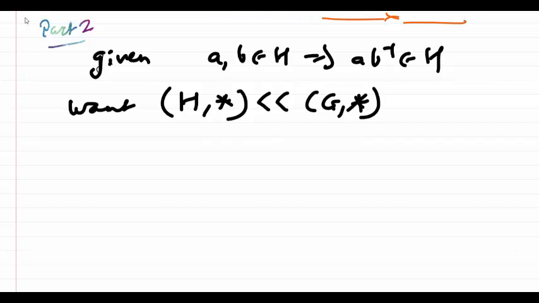Means we want to prove 4 properties: closure, associative, existence of identity, existence of inverse. So let's start to prove the 4 properties.